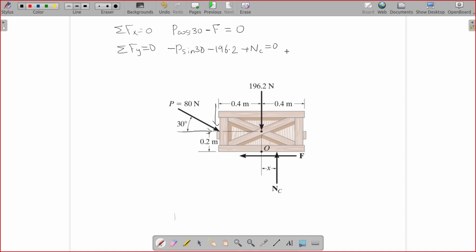Now comes the moment part. So moment you have to take about some point. Moment about which point would you like to take? It can be any point.